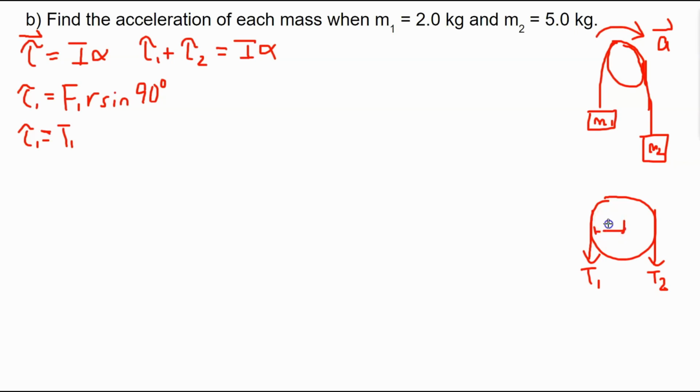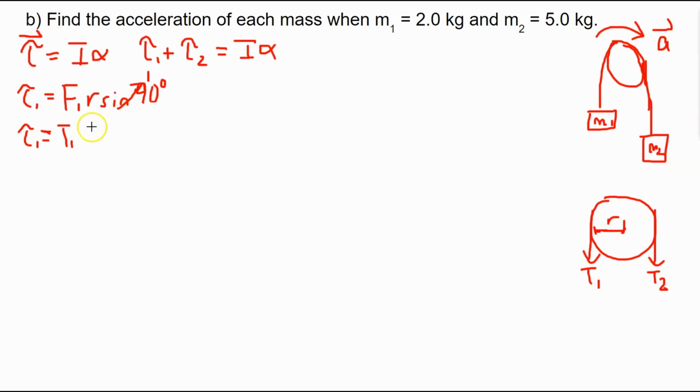And this is the radius, and you see how it forms a 90-degree angle? It's perpendicular, hence we use 90 degrees, and sine of 90 degrees is just 1, so we can just cancel that out. And that's usually why you see it expressed as T is equal to Fr, because more often than not, the force and the radius are going to be perpendicular, but sometimes they're not, and then that's when you have to account for the angle.